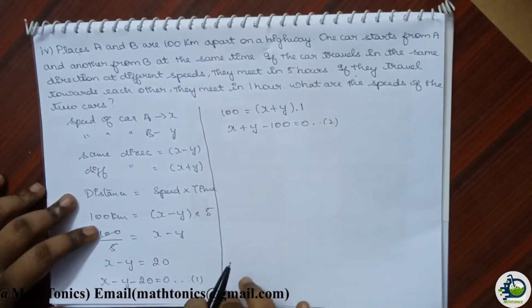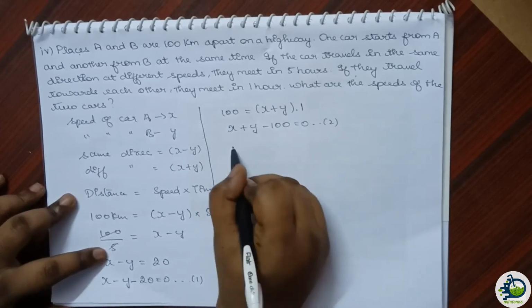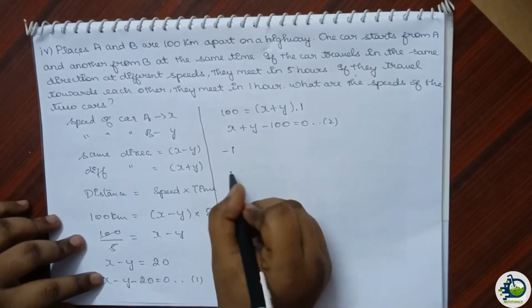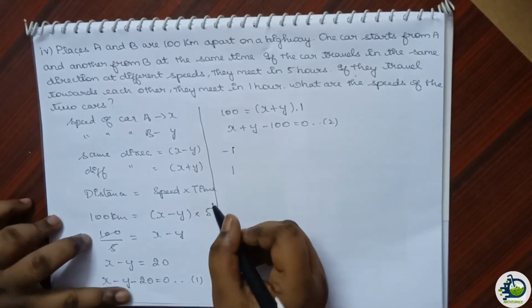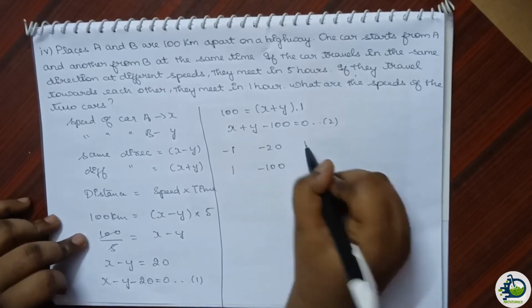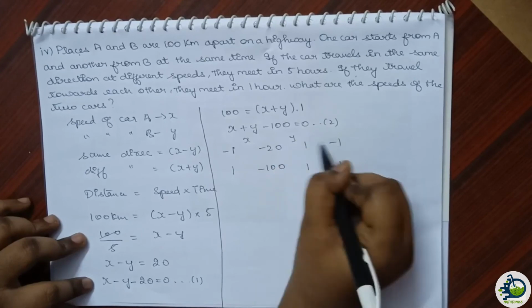Now we have to solve both these equations by the cross multiplication method. So 1, minus 1, this minus 1, 1, and then minus 20, minus 100, and then 1, 1, minus 1, 1. So this is x, y, 1.